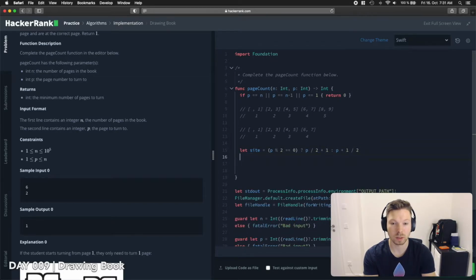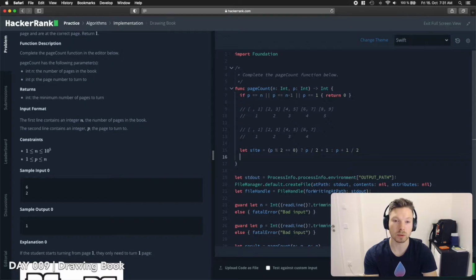That should be the side, and now we should be able to know whether we want to go from left or right, or whether it doesn't matter.